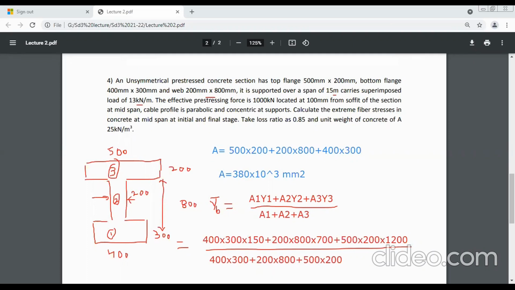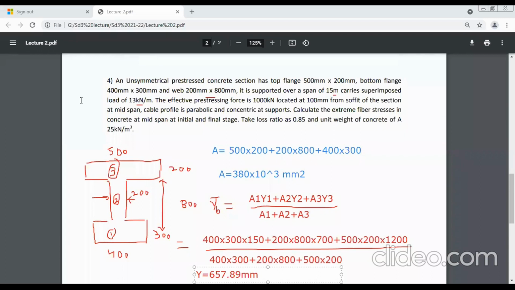So it is 657.89. Correct? So y bar is equal to 657.89.